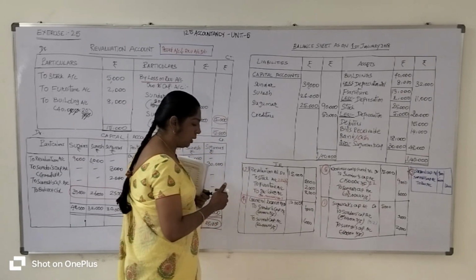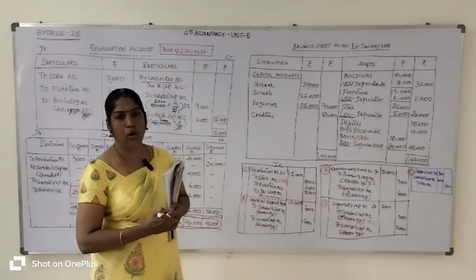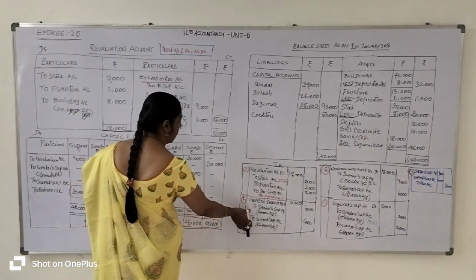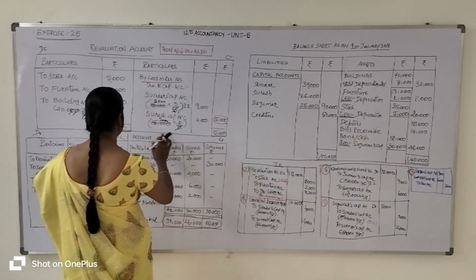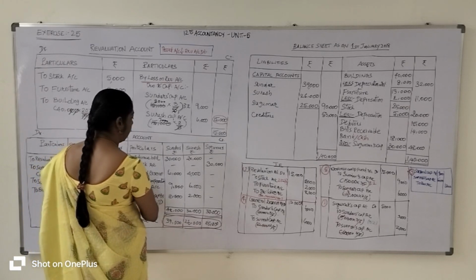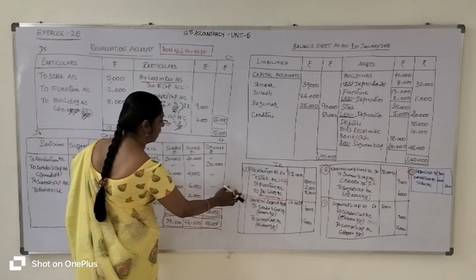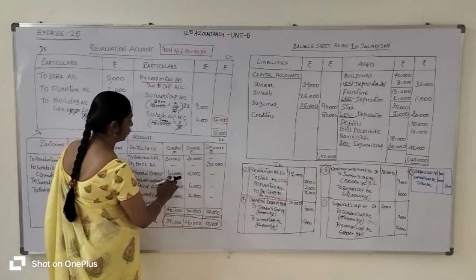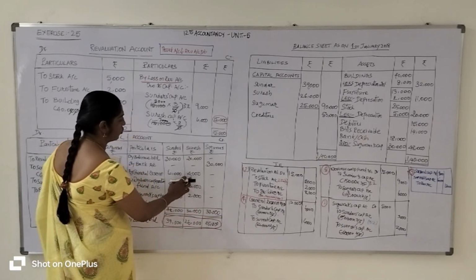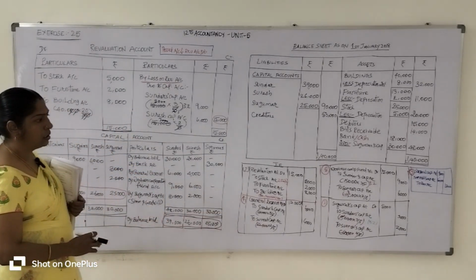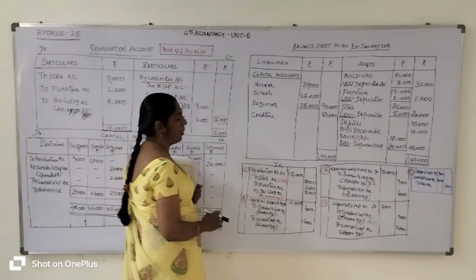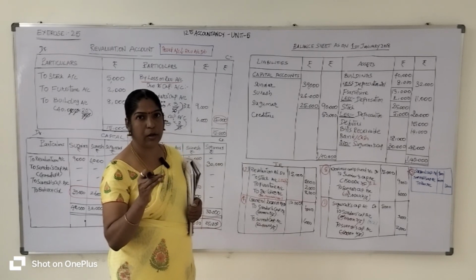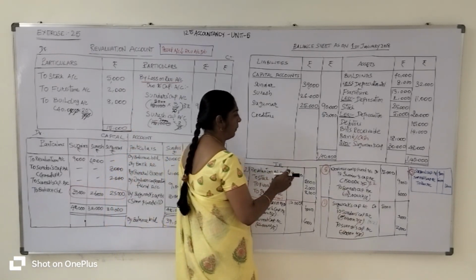So what is the journal entry? General reserve account debit to old partners' capital account. So the old partners' capital account is credited. You go to the credit side of the capital account and enter the opposite account, that means the general reserve account. By general reserve account, 6,000 rupees for Sundar and 4,000 rupees for Suresh we entered. Then workmen's compensation fund, same journal entry: workmen's compensation account debit to old partners' capital account.